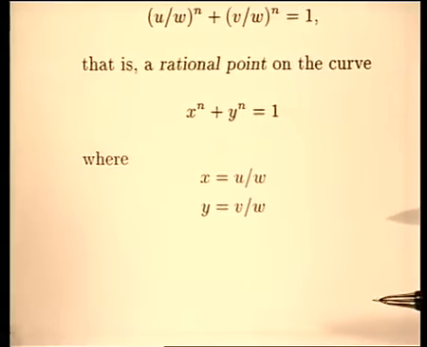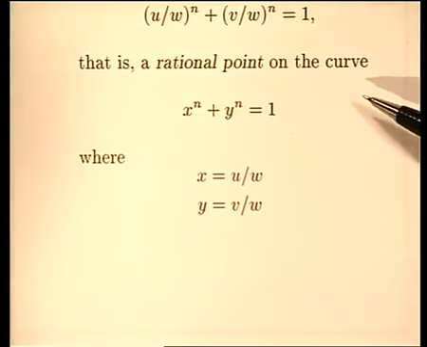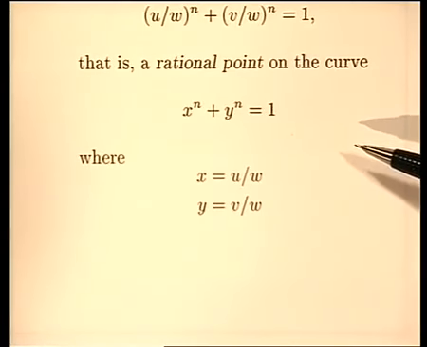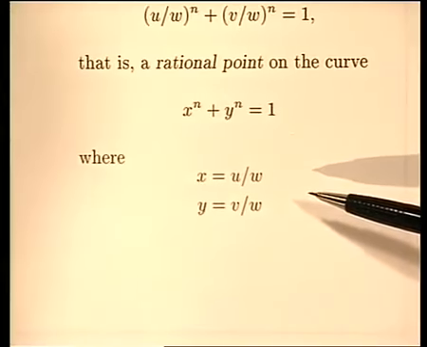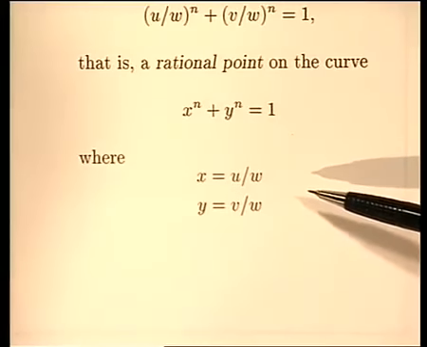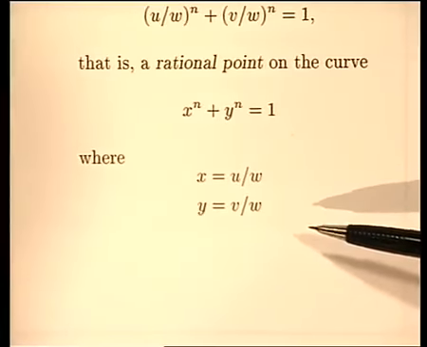That is, it gives a rational point on the curve x to the n plus y to the n equals 1, where x, of course, is u over w and y is v over w.